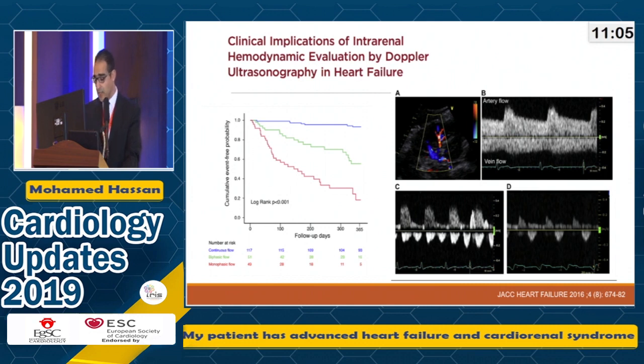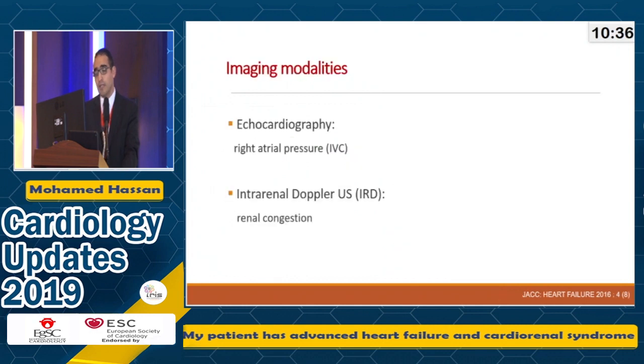And we can see here this is a venous flow, which can be categorized as either continuous flow, or discontinuous, either biphasic, or here it reached 0, or monophasic. And here is how the renal venous pattern can predict the outcome, and actually discontinuous monophasic flow is associated with significantly higher events, mortality, and heart failure hospitalization.